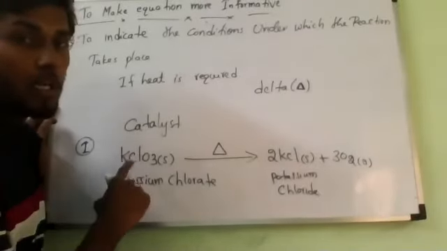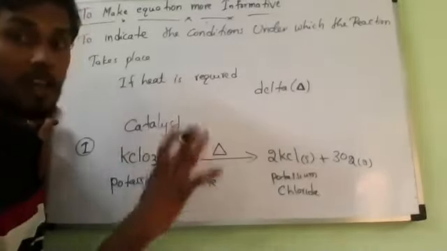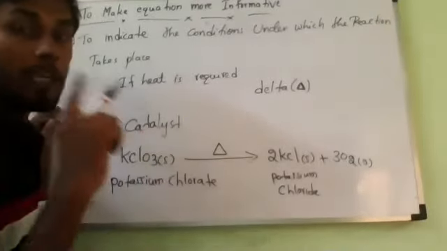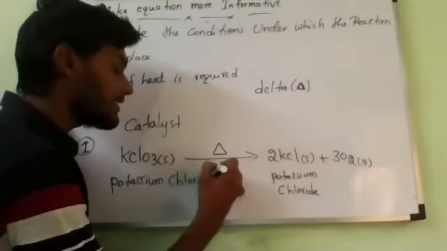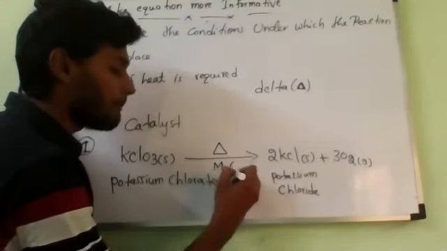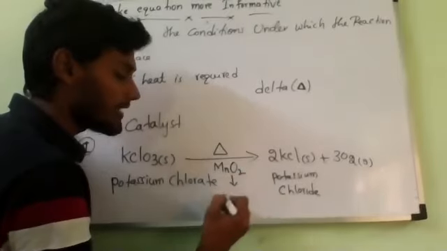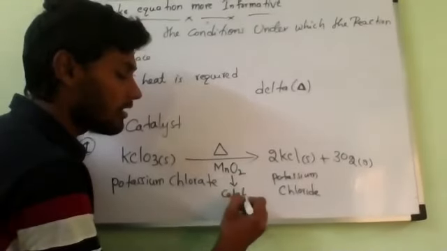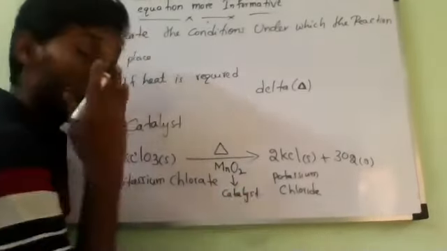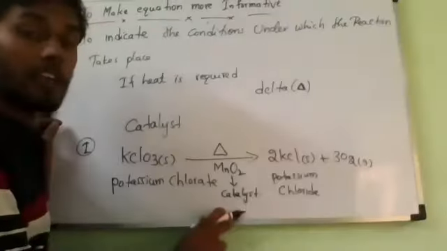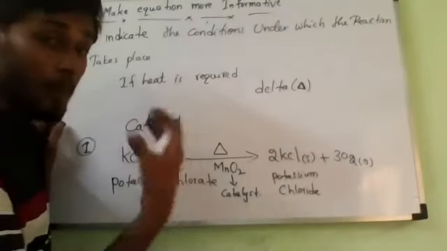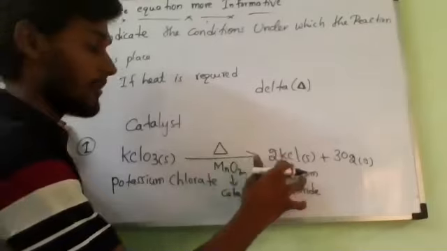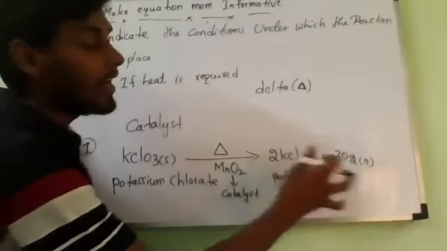When potassium chlorate is heated in the presence of manganese dioxide catalyst, the manganese dioxide formula is MnO2. This is what is called the catalyst. If you heat potassium chlorate in the presence of manganese dioxide, then only it will start decomposing and forming potassium chloride and oxygen gas.